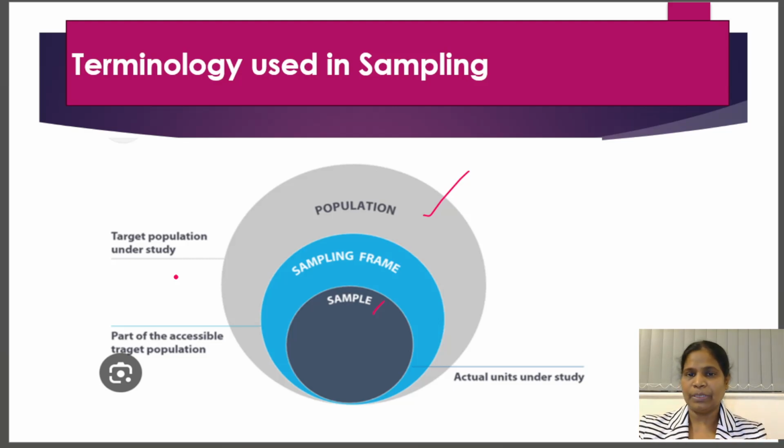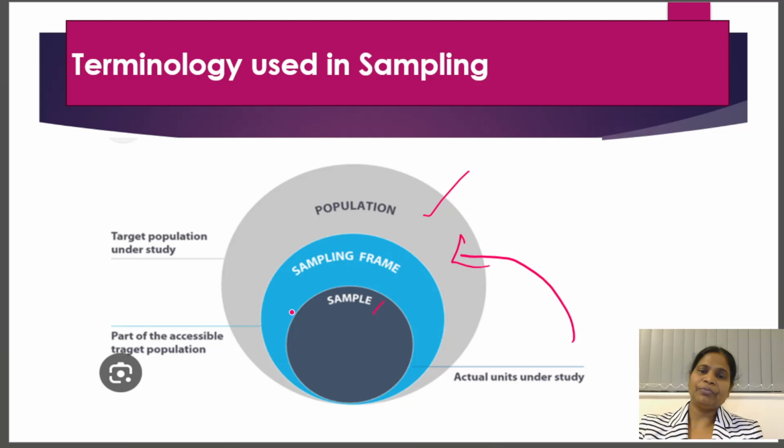Then we have the sampling frame, part of the accessible target population. So population is where the study findings can be generalized.